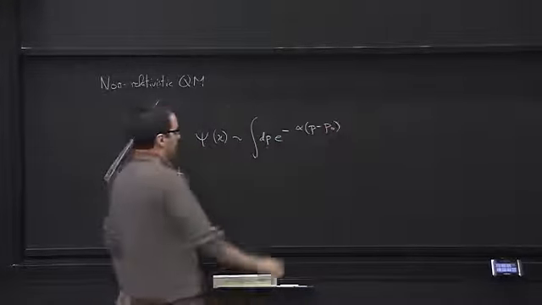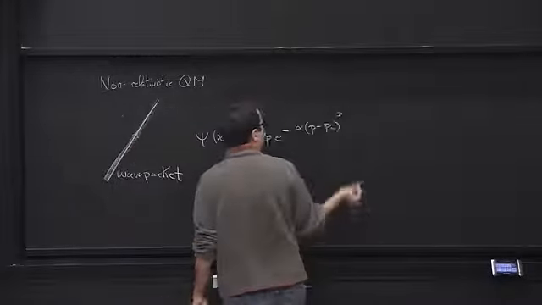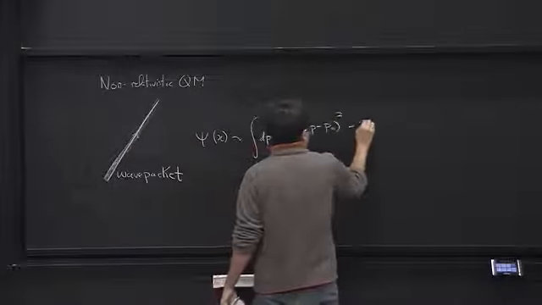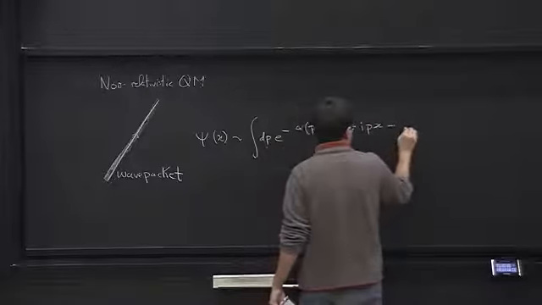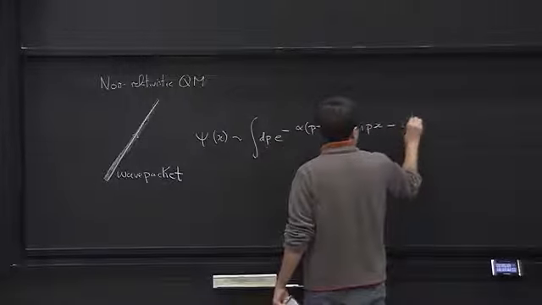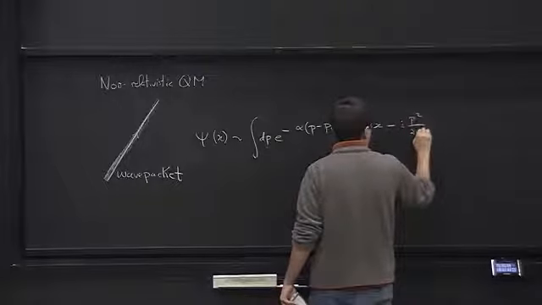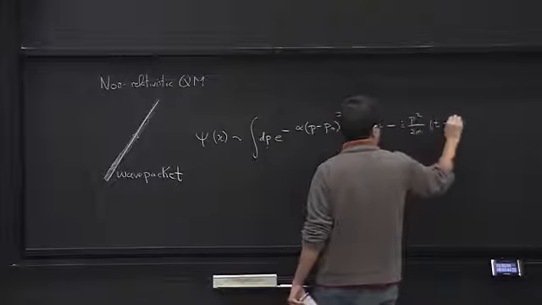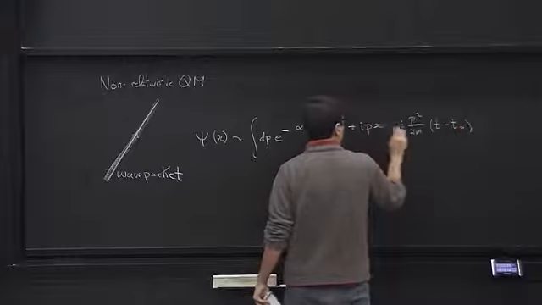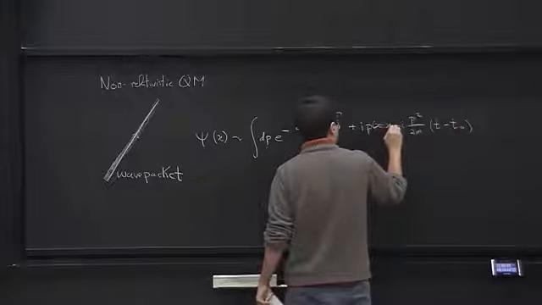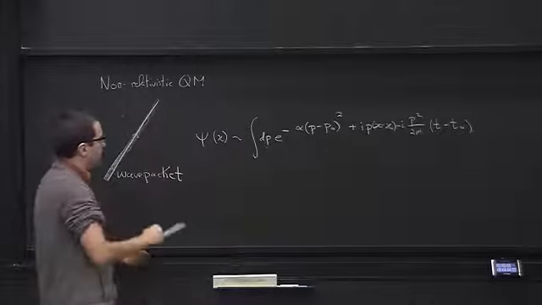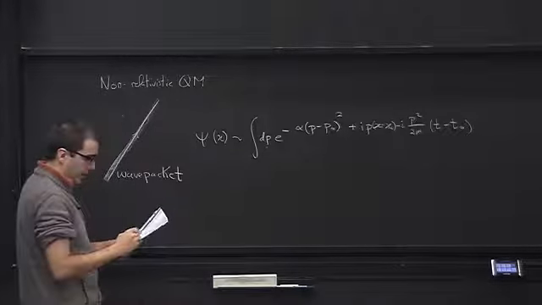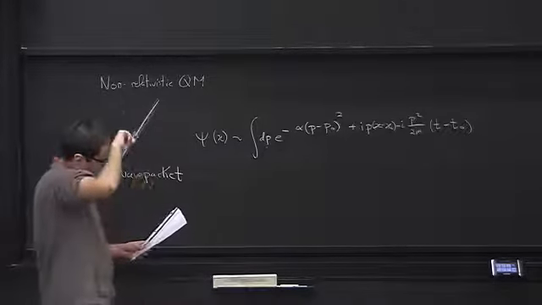It's centered around P naught, with phase plus i P x minus i P squared over 2m T. Just some wave packet, which has some momentum P, and that's the wave function.